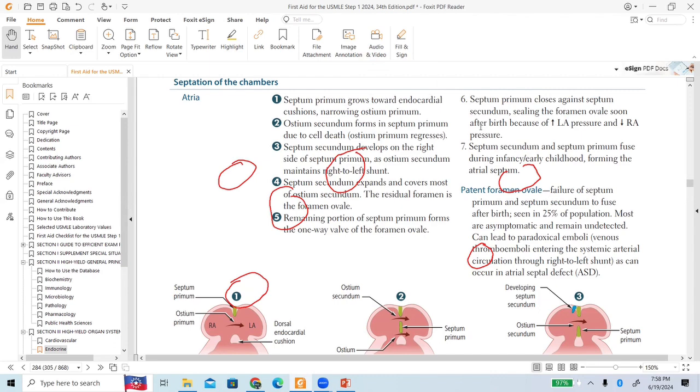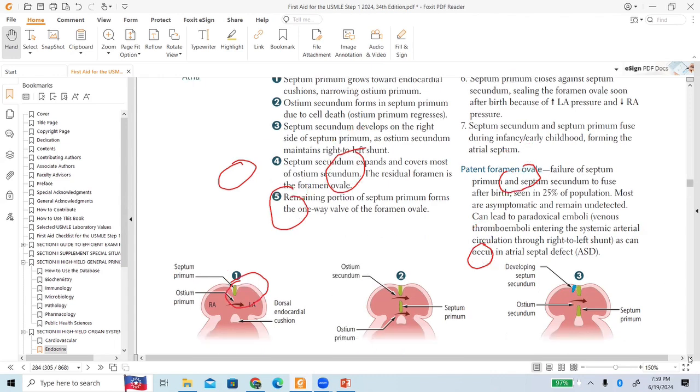So at birth, what happened? Septum primum closes against the septum secundum, right? Remember this concept: if septum primum and septum secundum fuse together, this leads to the closing of the foramen ovale.